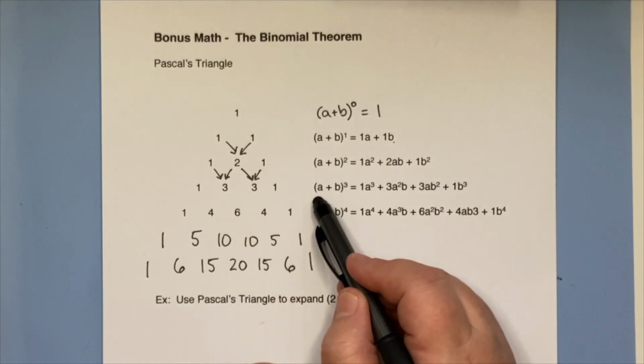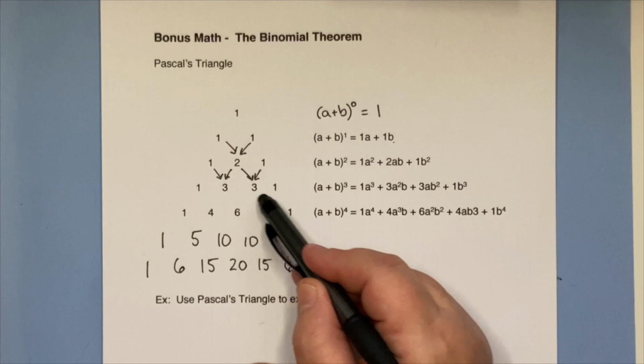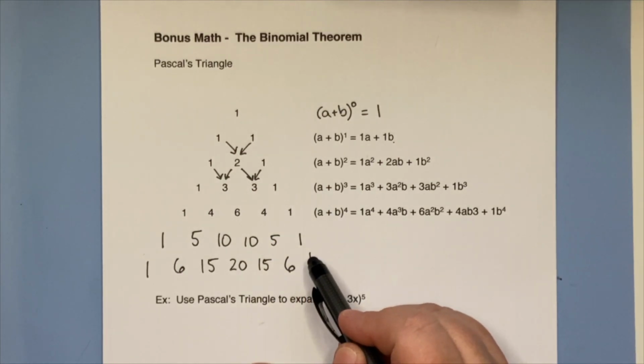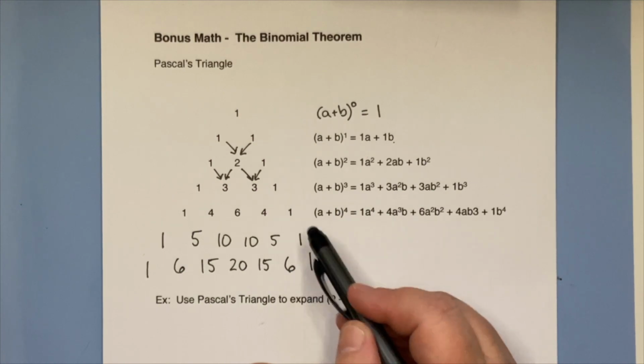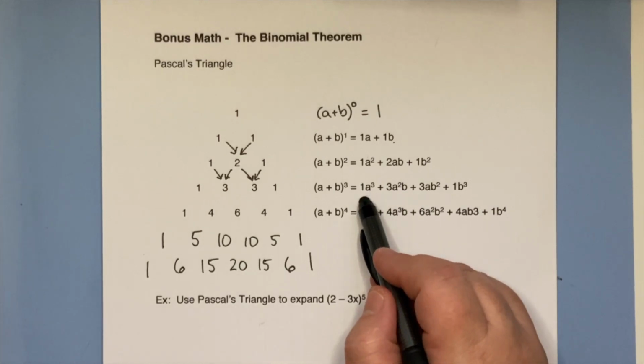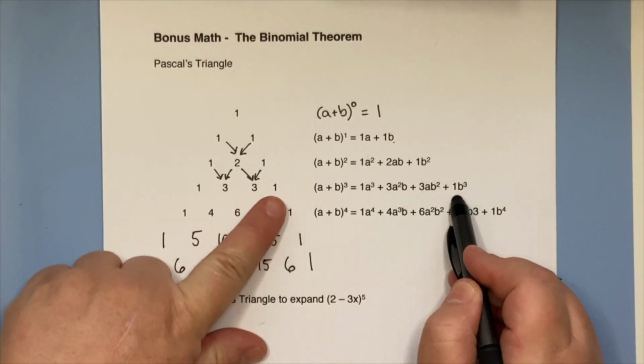But for the cube row, the coefficients are 1, 3, 3, 1. So I'm going to take a plus b, the quantity cubed. So this means a plus b times a plus b times a plus b. It's a real pain to actually multiply this out. But if you know Pascal's triangle, then you follow the pattern. The coefficients are 1, 3, 3, 1.